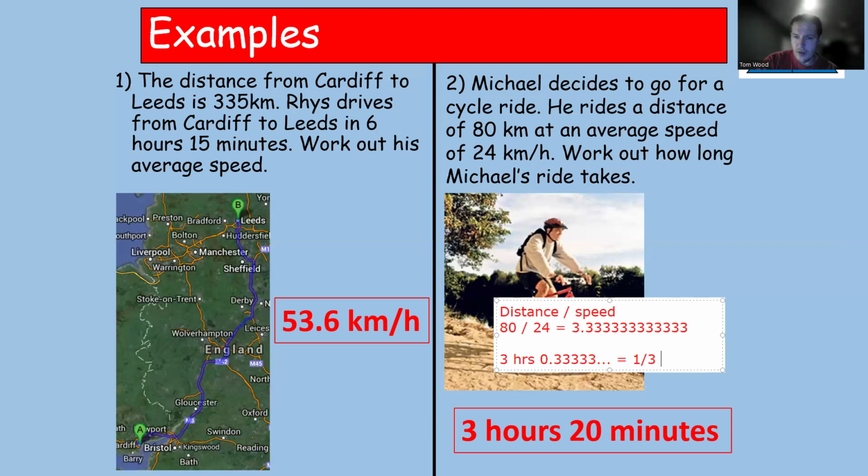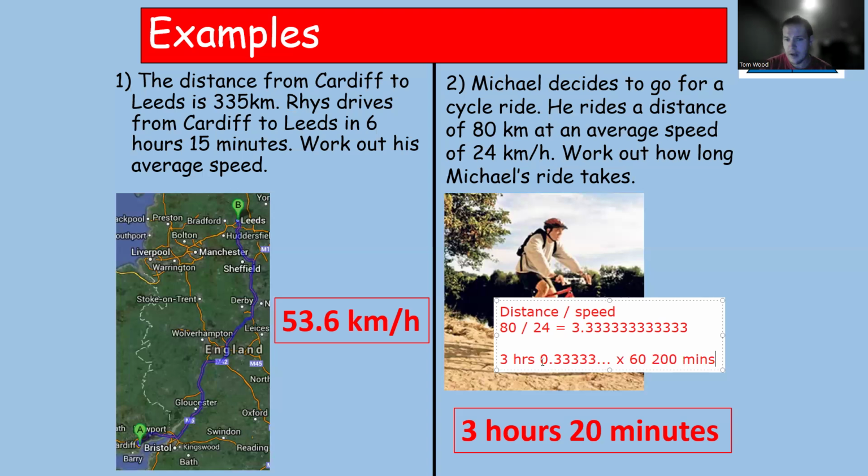The ways you can get to this answer, and it's entirely up to you, you can type in your calculator. Once you get this answer, 3.3333, if you multiply that through by 60, it will give you an answer of 200 minutes on your calculator. And you can then see, okay, I take out 60, 120, 180, and then I've got 20 left over.